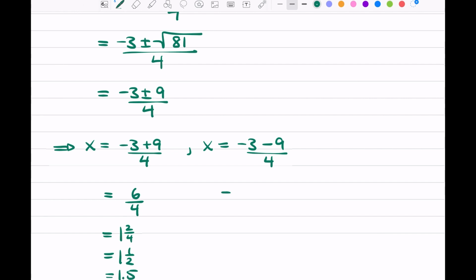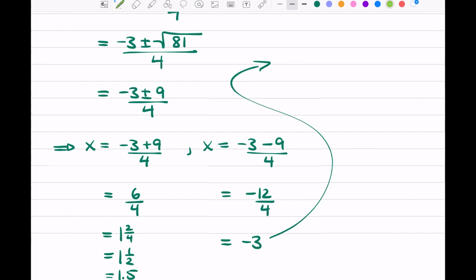On the right side, we have negative 3 minus 9, which gives us negative 12. And negative 12 divided by 4 gives us negative 3. So we can say x equals 1.5 and x equals negative 3 are the roots of the parabola.